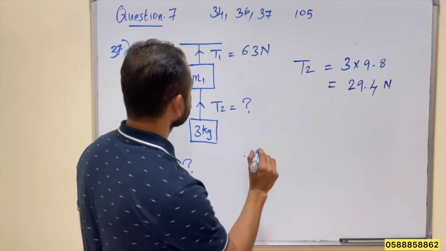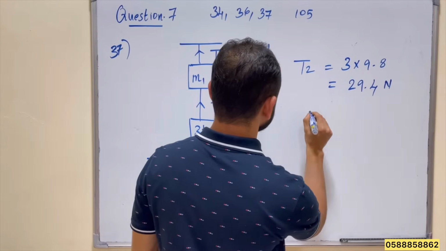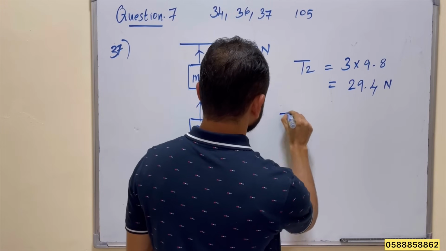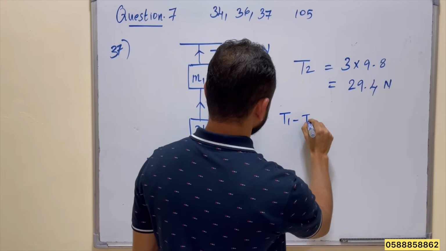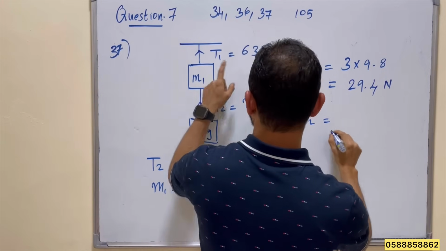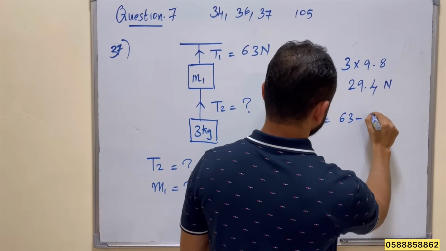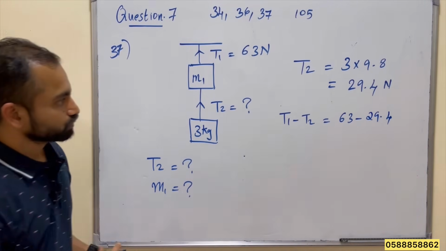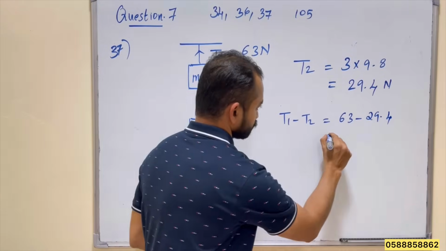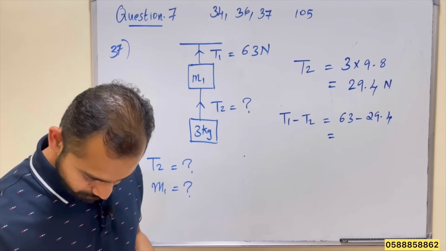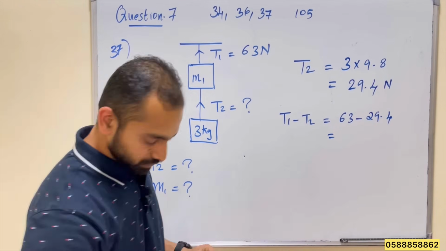So we will find the difference: T1 minus T2. T1 is 63 minus 29.4. So we will get the difference. 63 minus 29.4 equals 33.6.